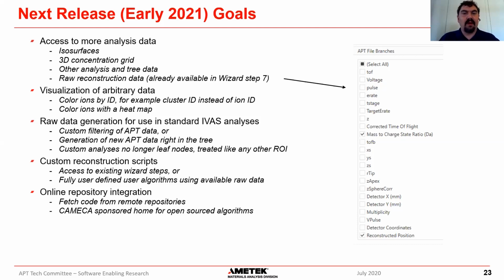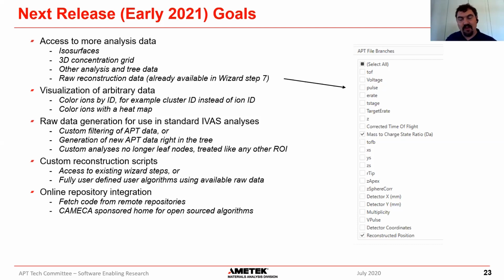You can also generate data from a custom module, which I think has a lot of pretty cool opportunities, for things like creating a little mini simulator right in the middle of your analysis tree, or doing some custom filtering. So once you have a custom analysis node, you'll be able to right-click on that and add any normal analysis like concentration or isosurfacing, like you would any other ROI in our software.